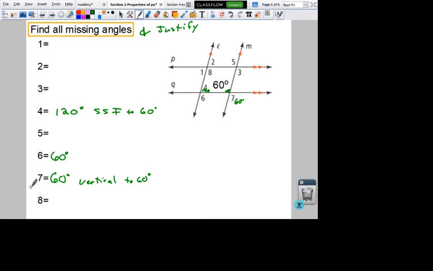Corresponding. Okay, and corresponding angles are? Equal. Alright, so angle 6 is 60. I can't put the angle sign. Yeah, don't worry about it. Just type it in.